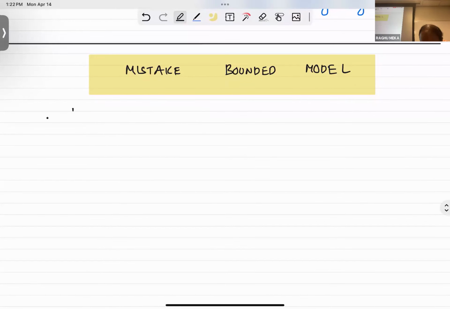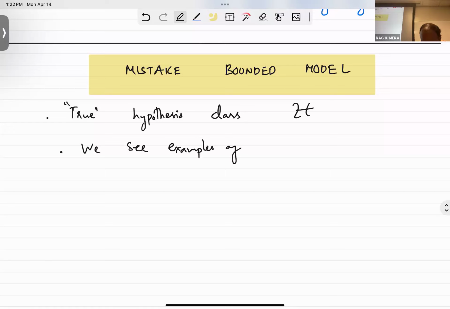There is an underlying true hypothesis class H, and we see an input, we make a prediction, and then there is a true label.